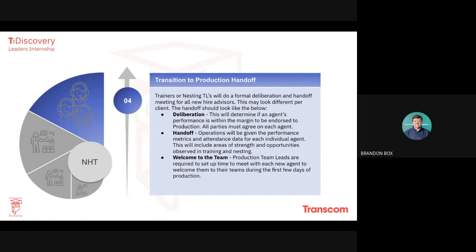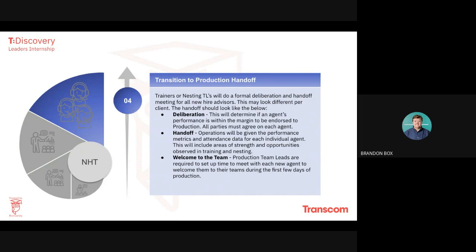Next, we will talk about the transition to production handoff. So once our new hires passed A-Bay, or once they're reaching the end of their A-Bay period, the trainers or nesting TLs will actually do a formal deliberation and handoff meeting for all new hire advisors.